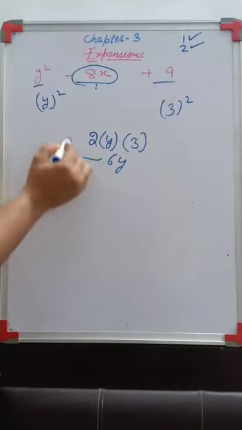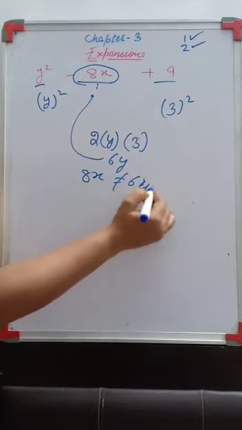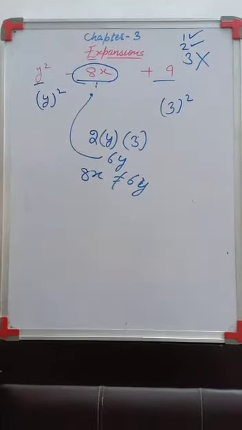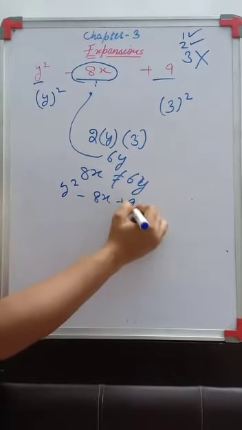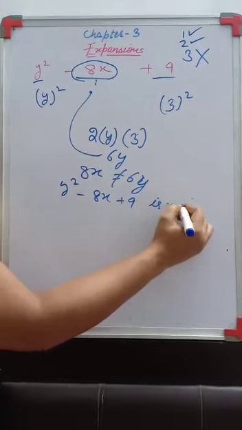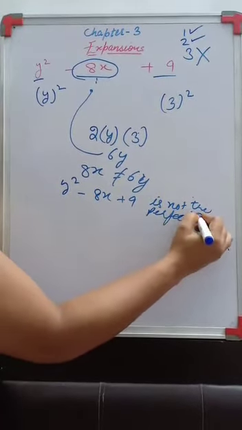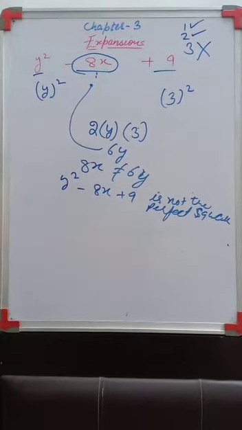That means this 8x is not equal to 6y. My third condition is not satisfied. So what I can say is that y square minus 8x plus 9 is not a perfect square, right? So that is how you will check.